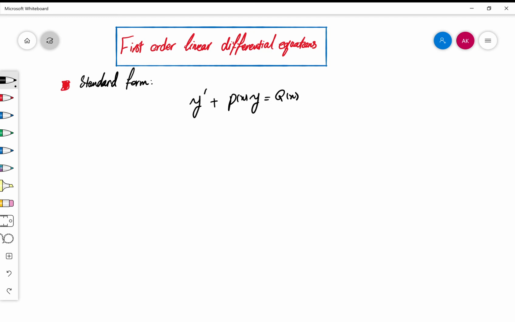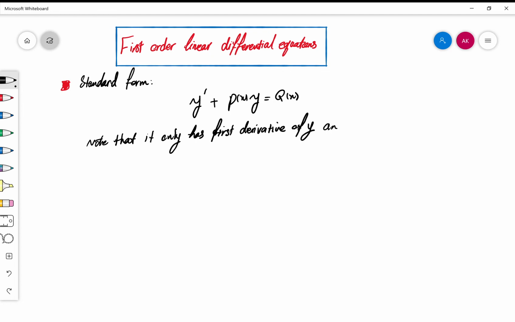Why is it called first order? Note that it only has a first order derivative of y. That's why it's called a first order differential equation.